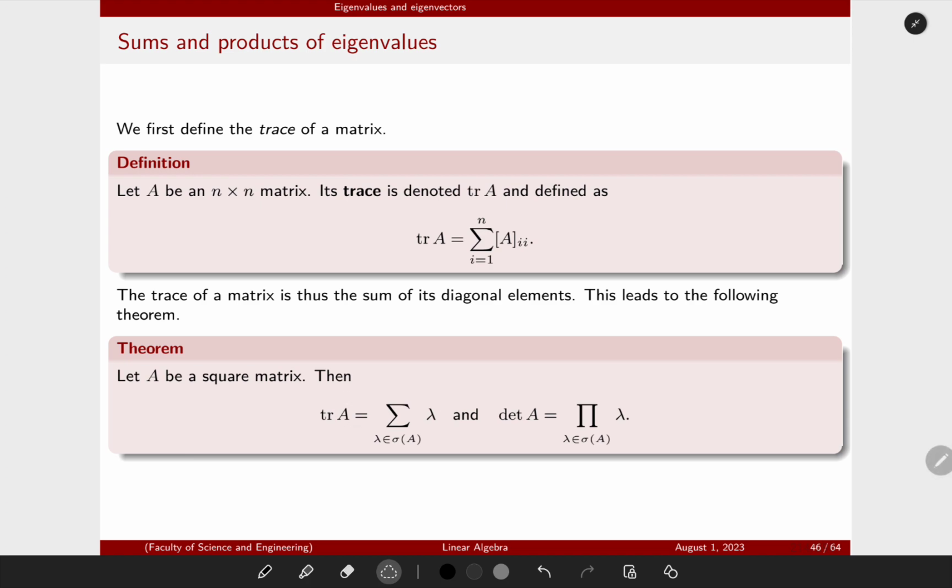The trace of A is the sum of all its eigenvalues, and the determinant of A is the product of all its eigenvalues. A nice corollary of this last result is that if a matrix has a zero eigenvalue, then its determinant is 0, because if any of the lambda in the spectrum of A are 0, this product will be 0, so then the determinant of A is 0.